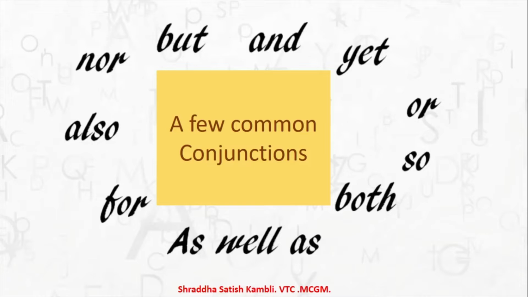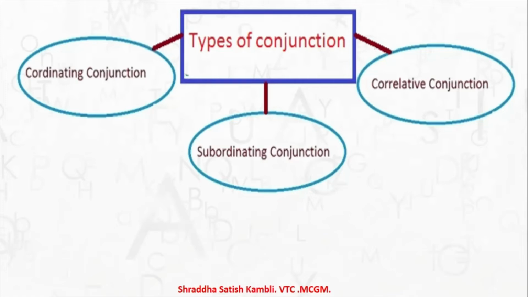These are the ones which we commonly use in our daily use of language. These are all common conjunctions. Now when we talk about conjunctions, let me also tell you that there are certain types of conjunctions as well.